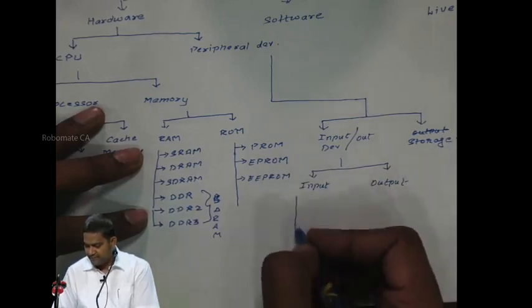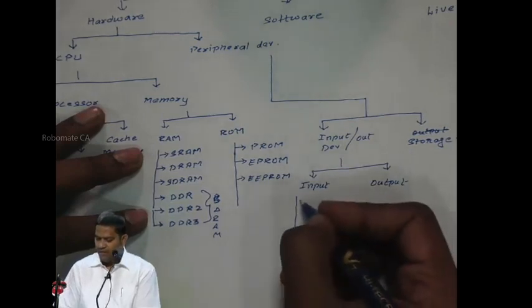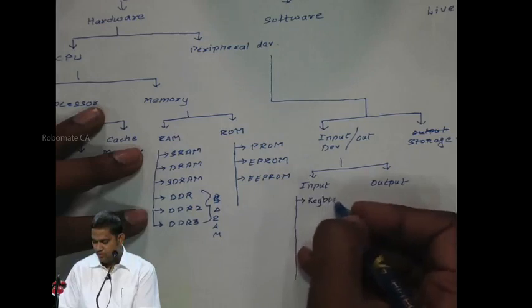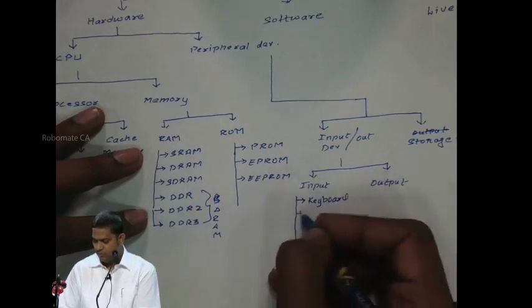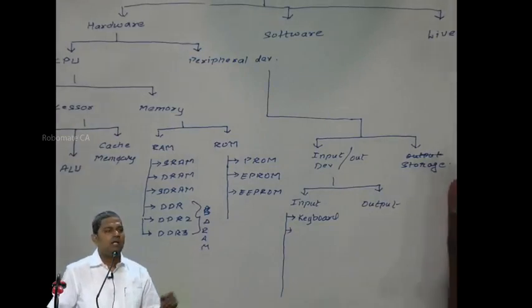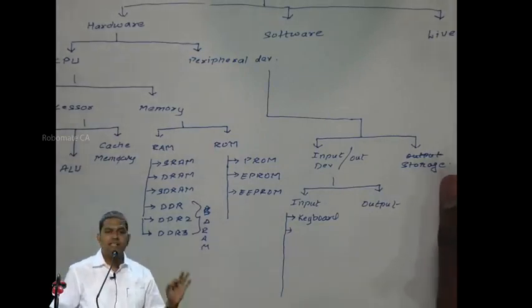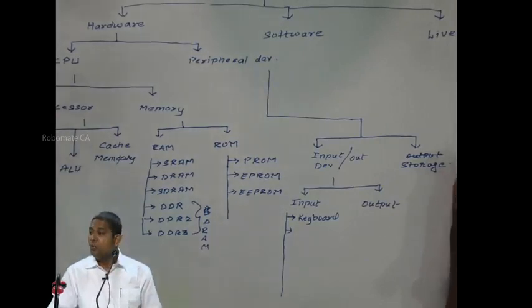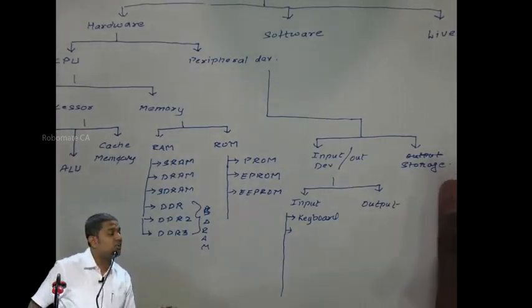Various input devices. Wait, keyboard. Hey, listen, mouse is actually a pointing device which is used under graphical user interface.